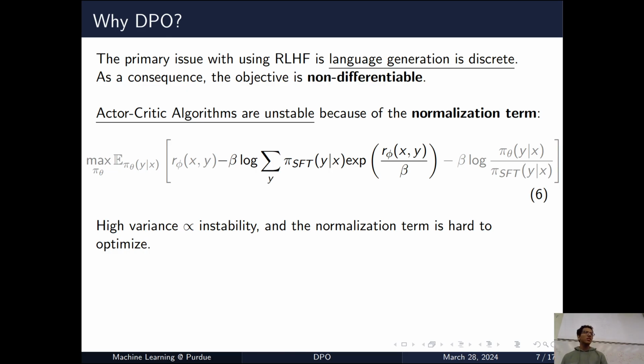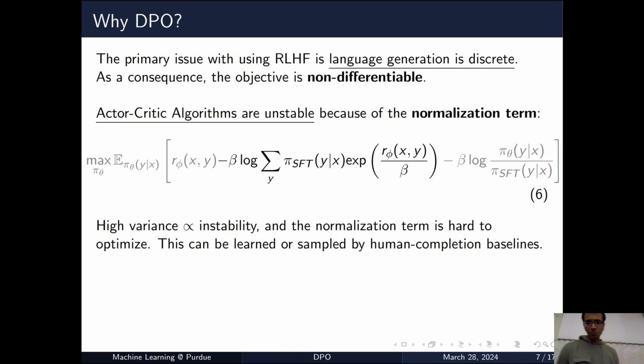So there is a bit of context we have to go through to understand that saying a reinforcement learning technique is stable can be very different based on the type of problem or the type of optimization strategy that we are looking at. So this can be learned or sampled by human completion baselines and then normalized.